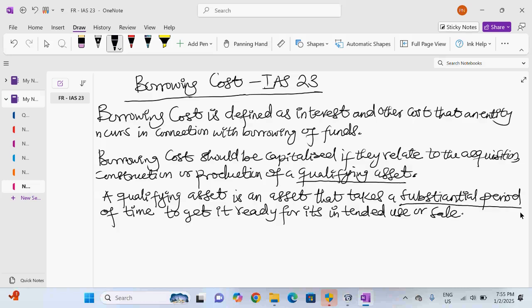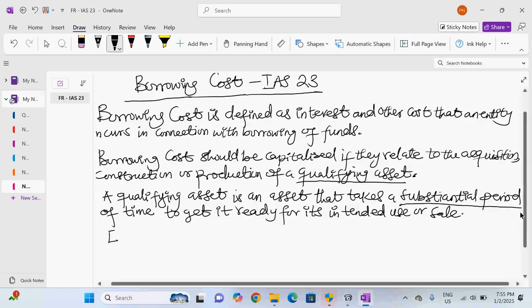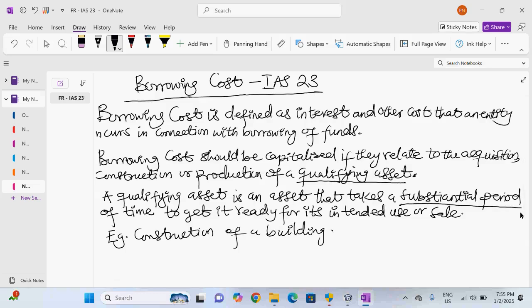An example can be the construction of a building. You and I know that it takes a substantial period of time to construct a building. It can even take 5, 6, 7, or 10 years.